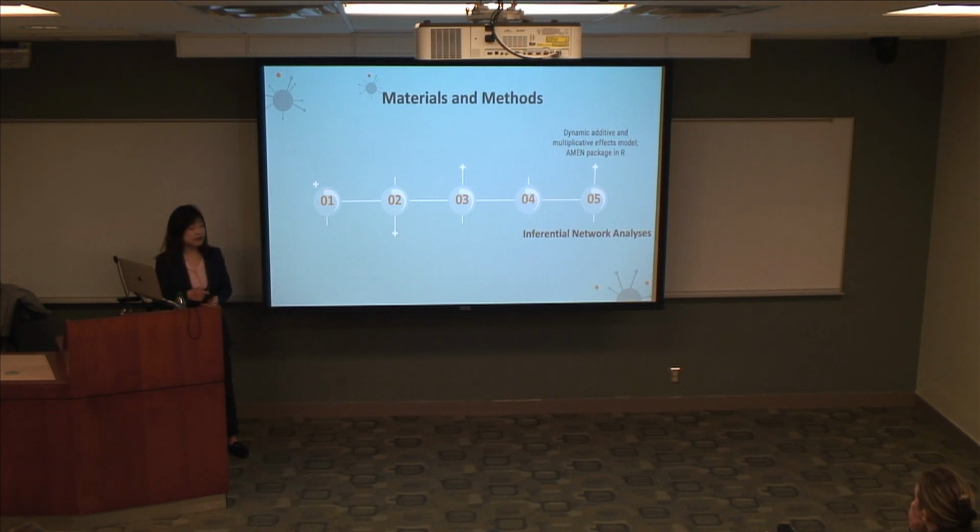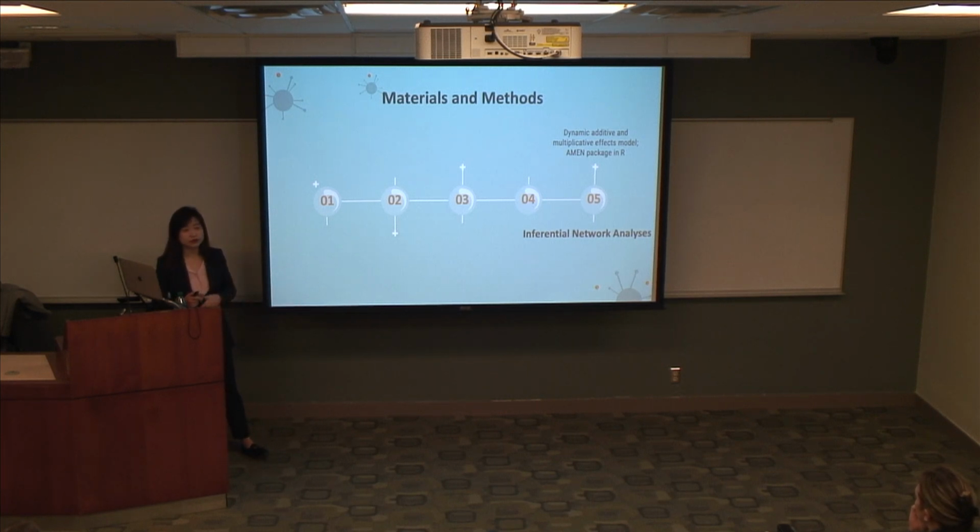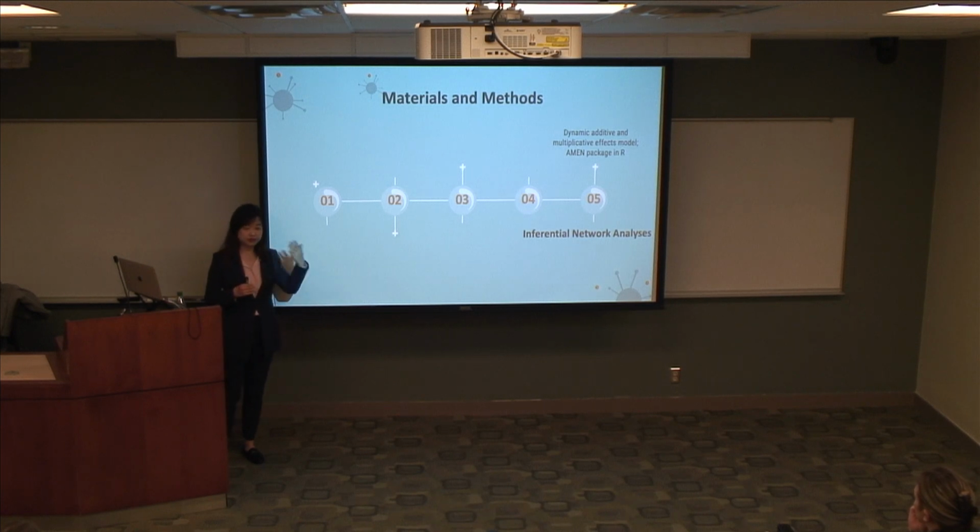Finally, for the inferential analysis, we applied the network or dynamic additive and multiplicative effects model to test the relationships between news audience, news organizations, and news content. This is a very complex model actually, but you can think about it as a network version of a longitudinal regression model. But this model takes into account all the interdependencies between news media and all the interdependencies between news articles.